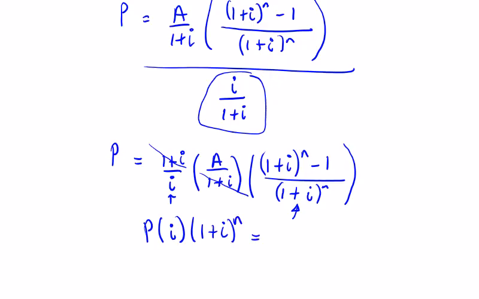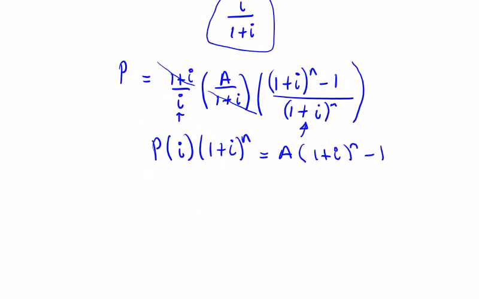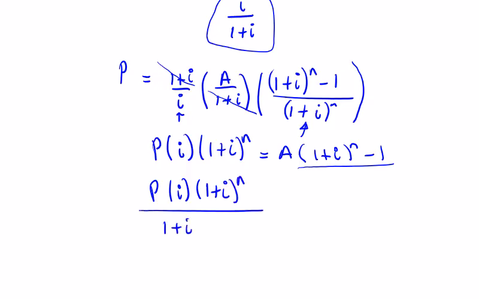is equal to what's left on top, which is A by 1 plus I to the power of n minus 1. And to get A on its own, I have to divide by this. So P times I times 1 plus I to the power of n divided by 1 plus I to the power of n minus 1 is equal to A. Let's just double check that that's right.